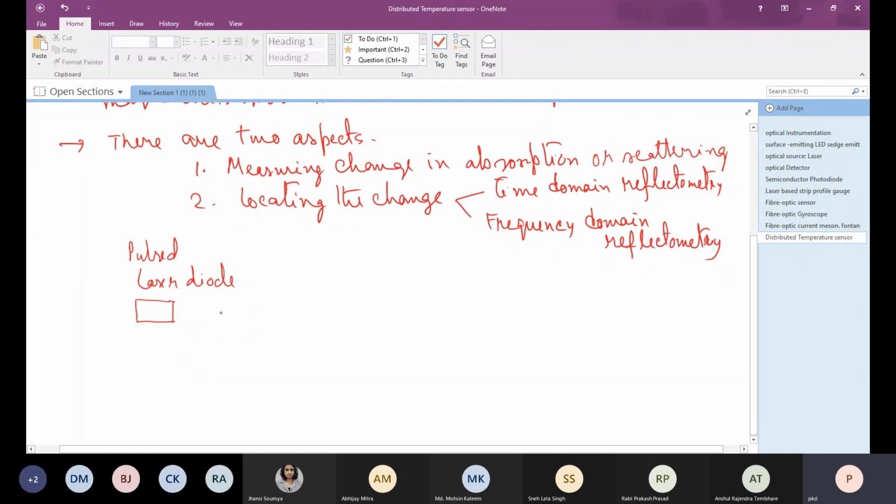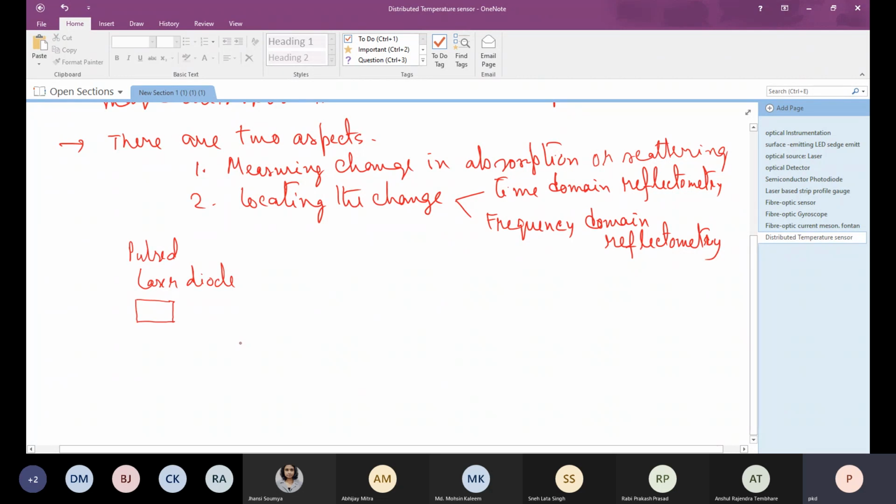Of course, other solid state lasers are also used for some other scattering type. There could be three kinds of scattering that may be present in optical fiber. One is normal Rayleigh scattering, another is Brillouin scattering, and another is Raman scattering.